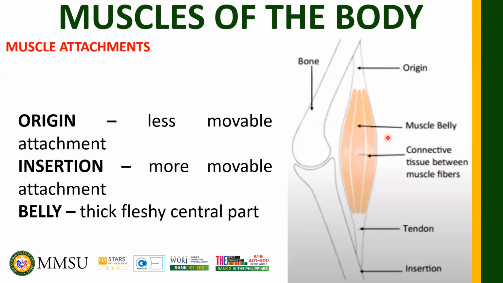Like for example, sa mga carabaos natin, pag humihila sila ng kariton o sled na ginagamit ng mga farmers sa paglalagyan ng mga palay, kailangan niya ng well-developed na belly para magkaroon ng more stronger na power in terms of that specific activity.